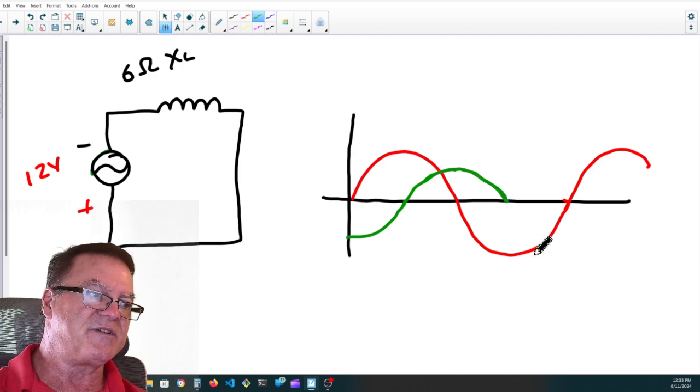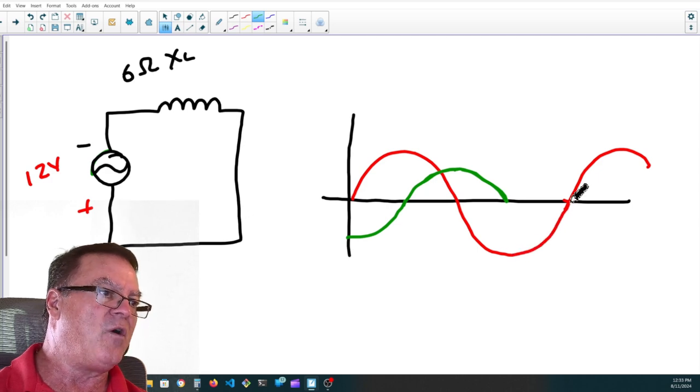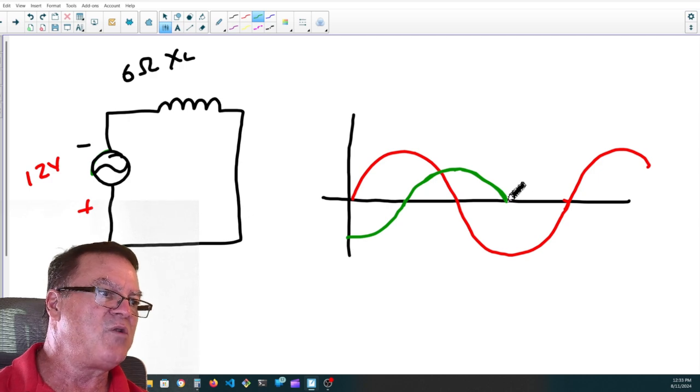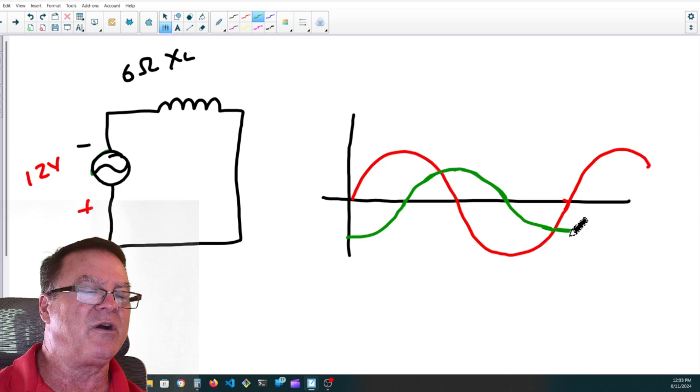Until such point as this voltage levels out, it's neither rising nor falling, so the inductor's happy and it stops producing current. When this voltage starts to fall back to 0, the inductor tries to oppose that change in current by producing current in the same polarity until its maximum. At this point, the voltage is changing its value at the maximum rate of speed, so the inductor is producing the maximum amount of current.